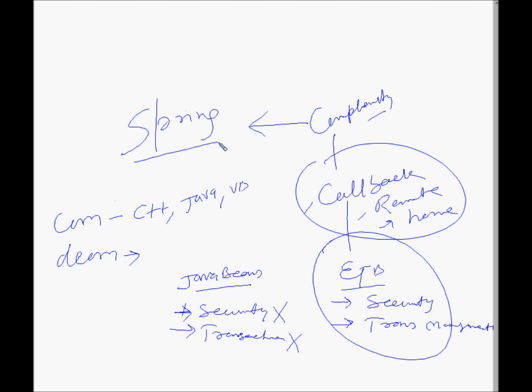We are not supposed to create objects, right? And there are some other advantages I can say. Spring enables POJO programming, and dependency injection and inversion of control simplify JDBC concepts, and it is open source, so there is no vendor lock-in. So these are the major advantages we are having with the Spring framework.